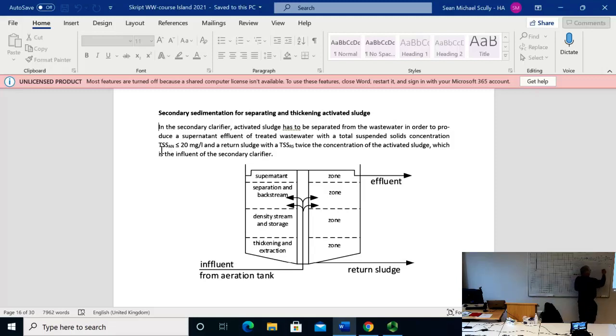This is Q AN, which means effluent secondary clarifier. And at this point, it's Q ZK, that means inflow wastewater treatment plant.